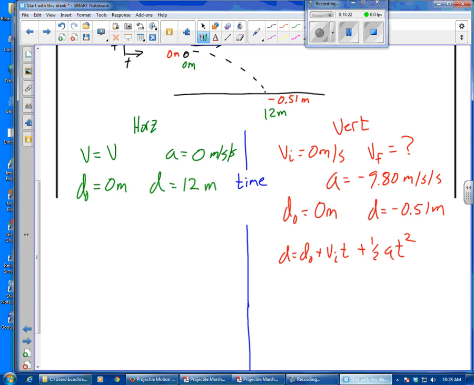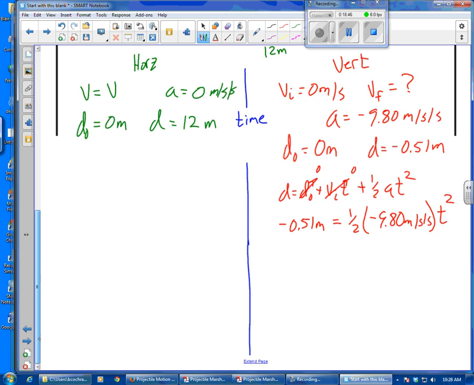My d0 is 0, so I just get rid of that. My v initial is 0, so that gets rid of that term. Oh, nice. My d is negative 0.51 meters. That equals 1/2 times negative 9.80 meters per second squared times t squared. Oh, nice. Only variable I have in there is t.